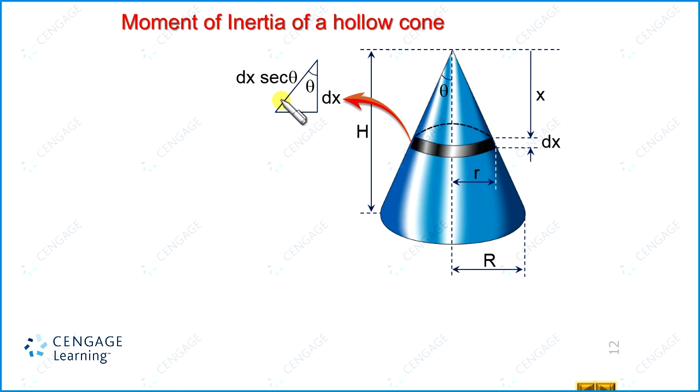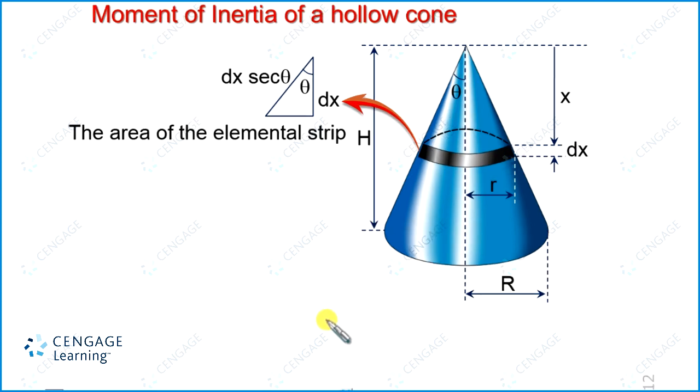Okay. Now we can find the area of the elemental strip or elemental ring. If we open this elemental ring, this will become an elemental rectangular strip like this, right?